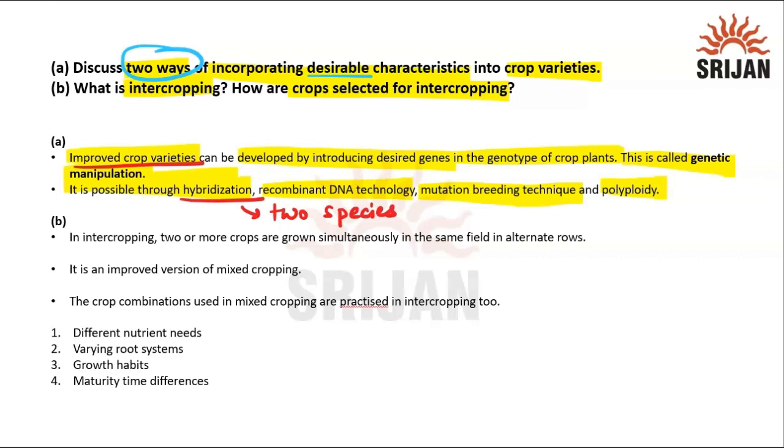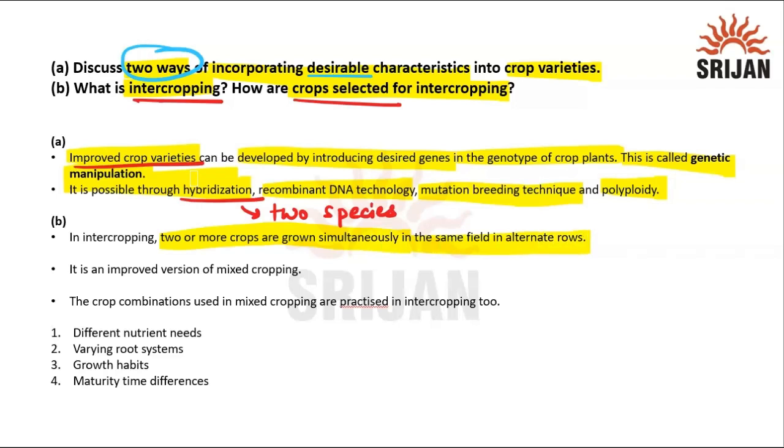Now in the second part of the question, we need to talk about intercropping and how we select the crops for intercropping. First of all, inter means in between, and that is its definition as well: when two or more crops are grown simultaneously in the same field in alternate rows.